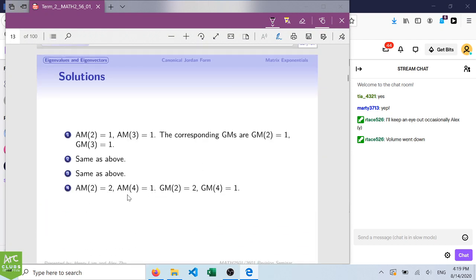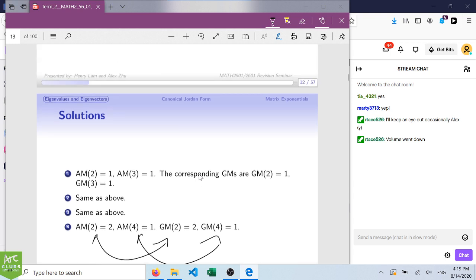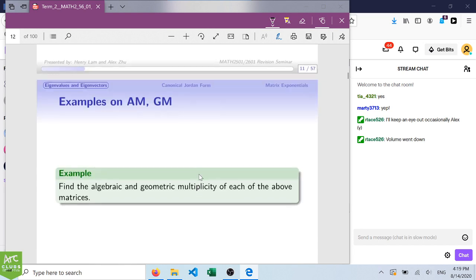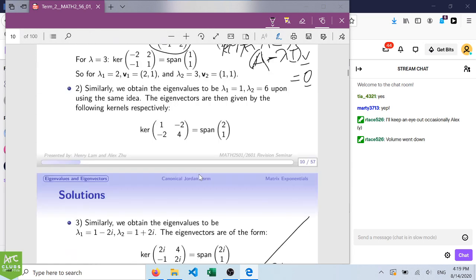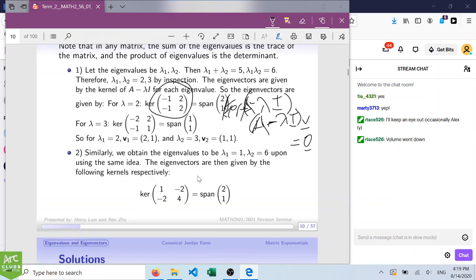Now the interesting case is, actually for part 4 as well, you can see that arithmetic multiplicity equals geometric multiplicity. In fact, all four of these matrices have the same AM and GM, just because they're diagonalizable. Each of the eigenvalues would have a corresponding eigenvector, and that corresponding eigenvector would have the same kind of nullity as well.